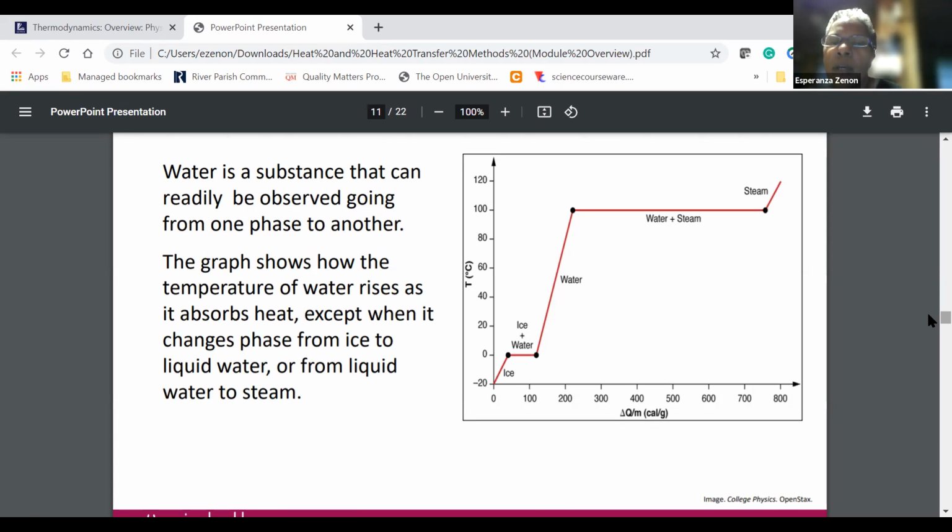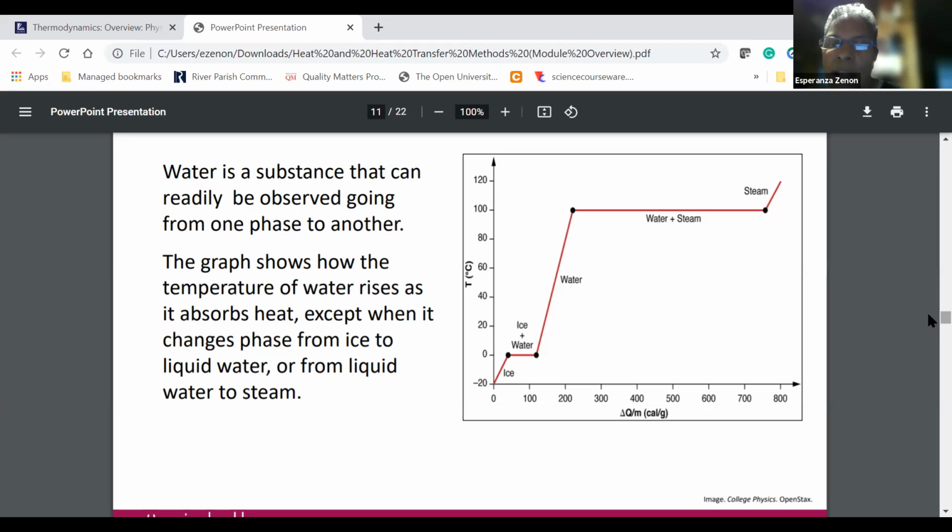And then finally, once all of the liquid water has been converted to steam, you can begin to raise the temperature of that steam from 100 degrees Celsius up to 120 degrees Celsius in this example. In that last leg, you are not changing the phase because everything is steam, but you are changing the temperature.